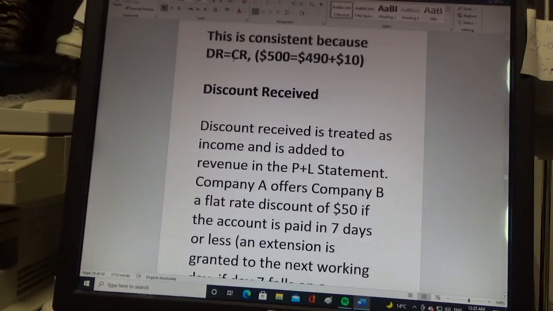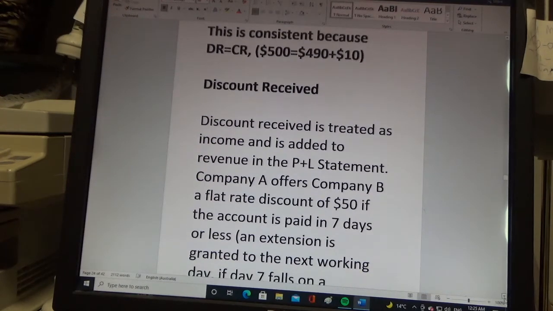So debits still equal credits, okay? Even though on one side of the transaction it's been split into two.